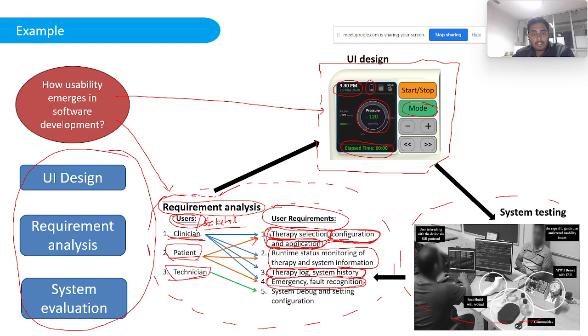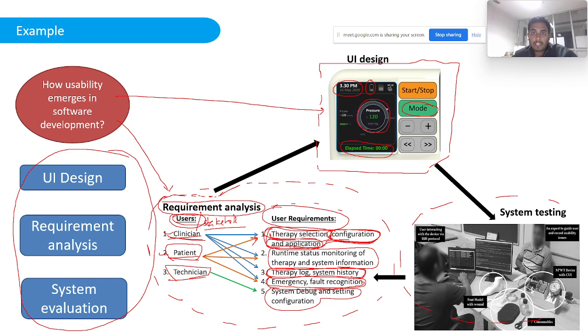Similarly, for the technician, the requirements identified are probably system debug and setting configuration. So he should be able to enter a different mode which the clinician and the patient do not have access to.